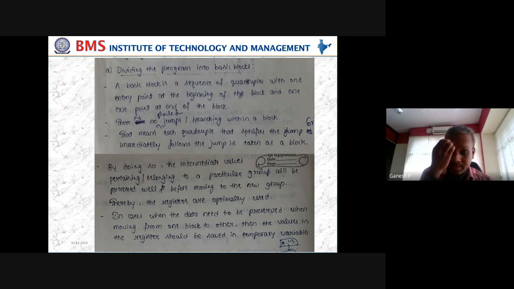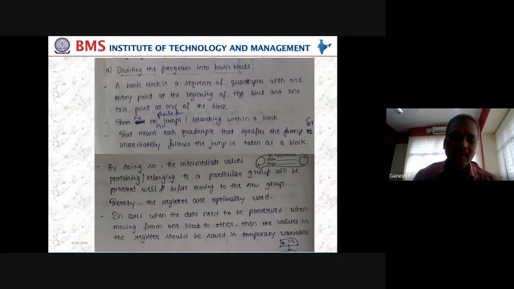One, to reuse the data in one block in other blocks. Second, while reusing the data, make sure it is stored in the registers of the processor rather than pushing it back to secondary memory or RAM. Even for one instruction, if we can do that, it is going to help the program enhance its efficiency.